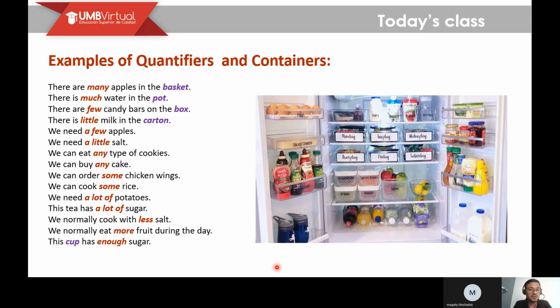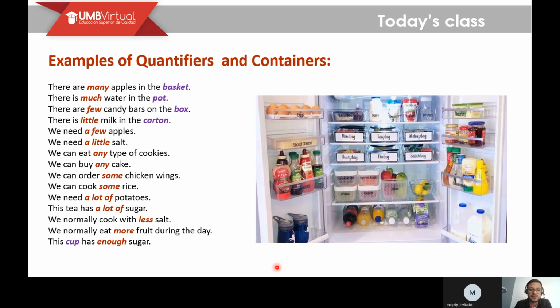We have, for example, these examples of quantifiers and containers and how you can use, write, or express a full sentence using quantifiers and containers. In this case, talking about food, you can say there are many apples in the basket. There is much water in the pot.